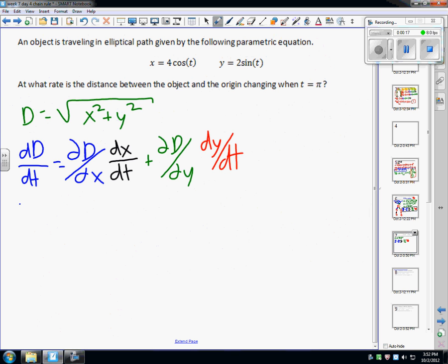So dD/dt, which would be here, let's see, the partial of D with respect to x.